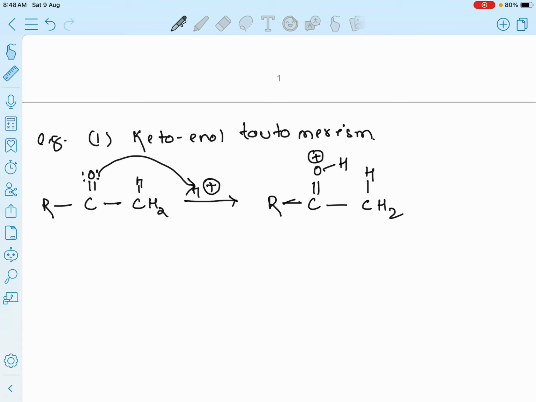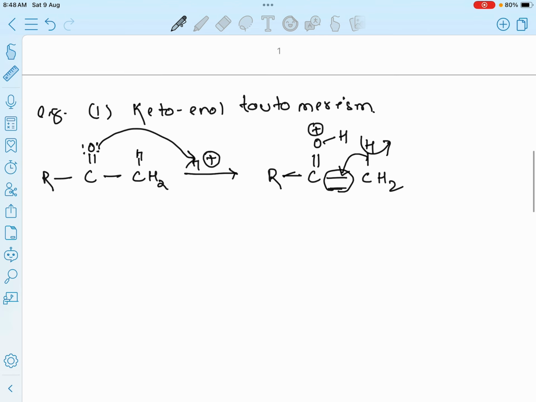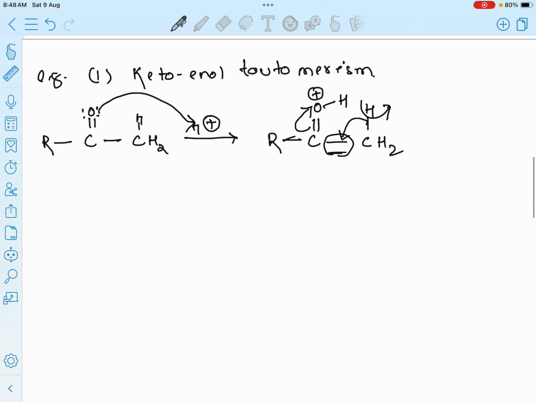So the electron density from the carbon-oxygen bond will be shifted towards oxygen, and due to which this carbon-carbon bond becomes weaker, and due to which this carbon-hydrogen bond becomes weaker, and this hydrogen can be removed as H plus, and a carbon-carbon pi bond will be formed, and this pi bond will be broken down and shifted towards the oxygen atom.